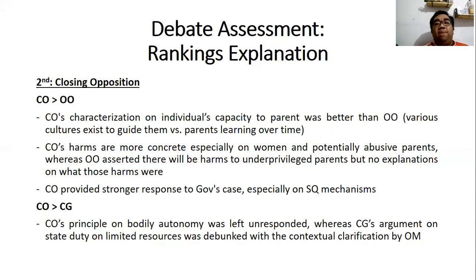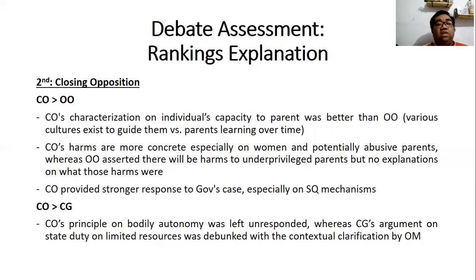Closing opposition talked about various cultures existing to actually guide them and make them be able to truly function as a parent. So we felt that that characterization was much better in closing opposition.